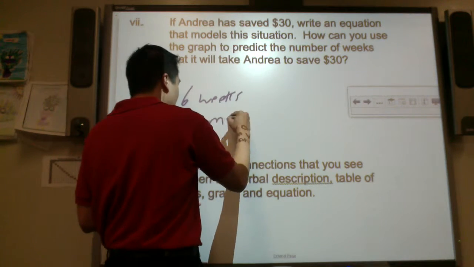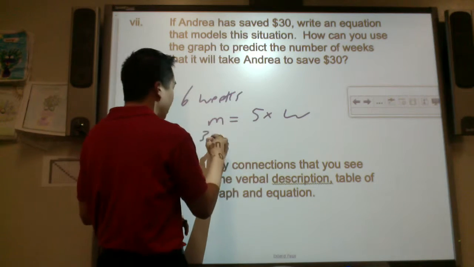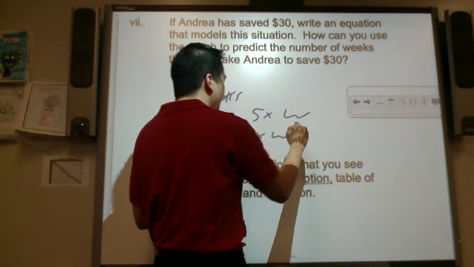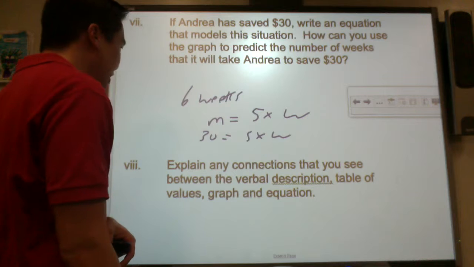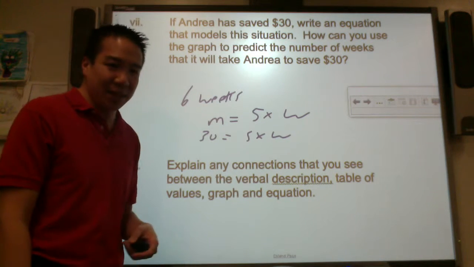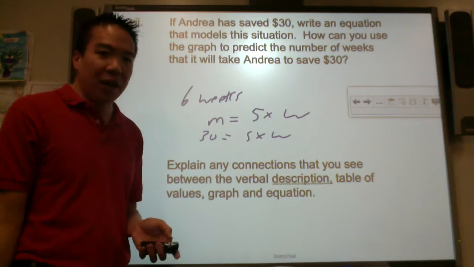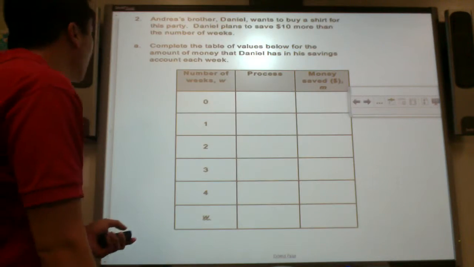Another way to do it is, the equation is M equals 5 times the number of weeks. We know she made $30. 5 times what W equals 30? 6 weeks. Explain any connection. All of these mean the exact same thing. They all represent the same thing about Andrea making $5 per week.